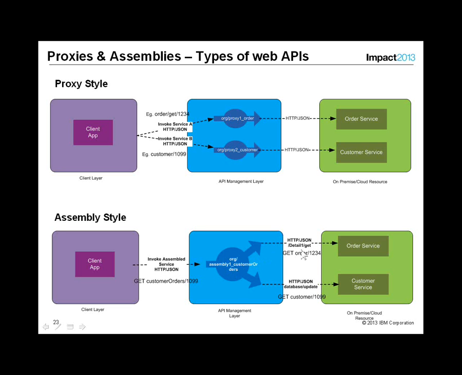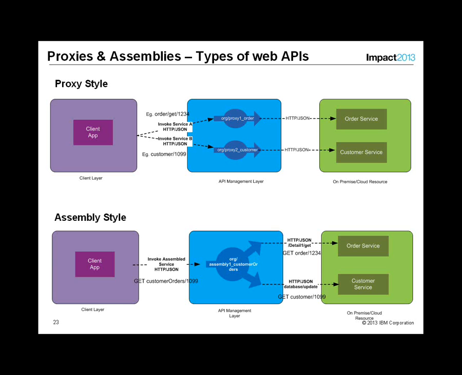So you make a request to the customer service, and then you make a request to the order service with the same order number, and basically aggregate that information and give it back to the client application. So just to give you an idea of what it may look like when you're creating APIs, these are the two different styles that one can imagine: proxies and assemblies, or orchestrations, if you want to call it that.